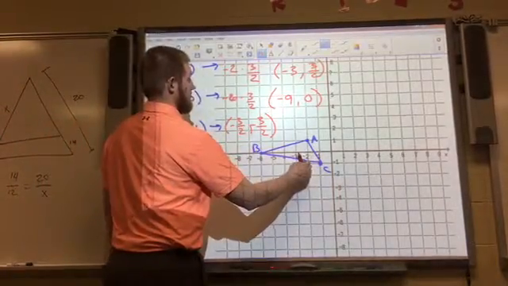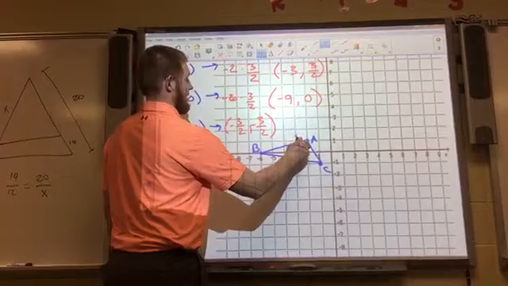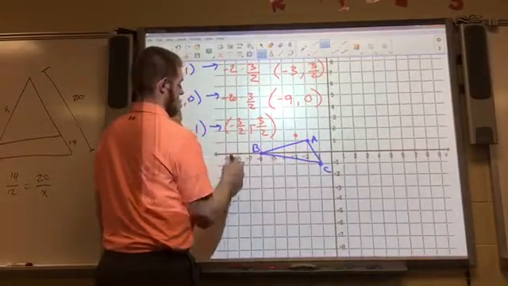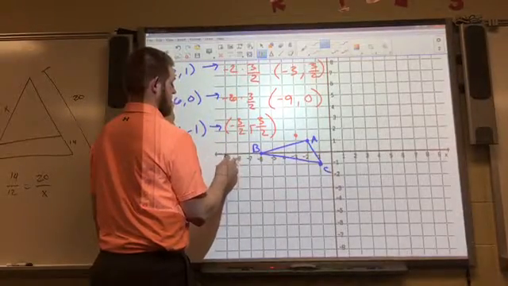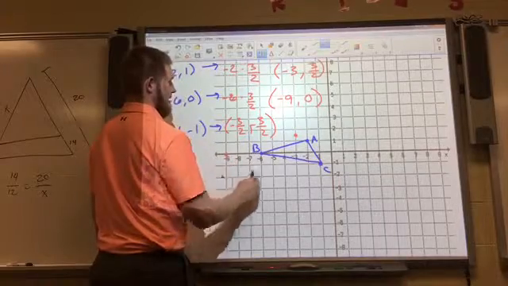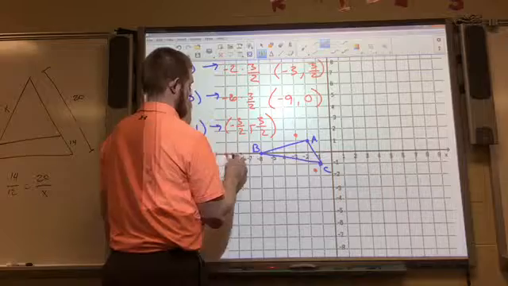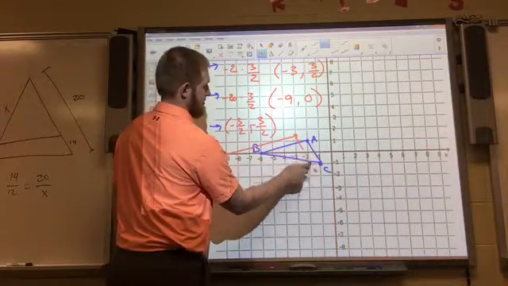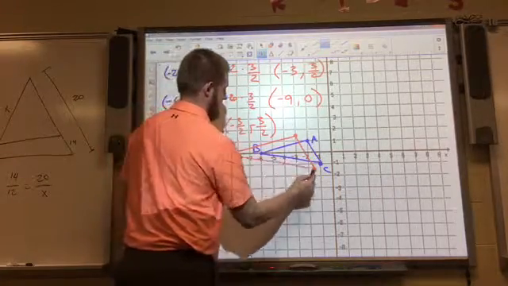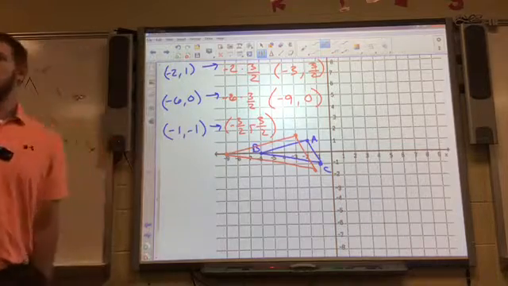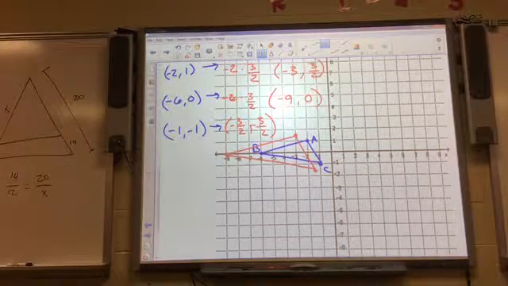Okay, so I have -3, 3/2. I have -9, 0. And I have -3/2, -3/2. And obviously that is an enlargement, right? Should it have been? Yes, with a scale factor of 3/2 it should have been.